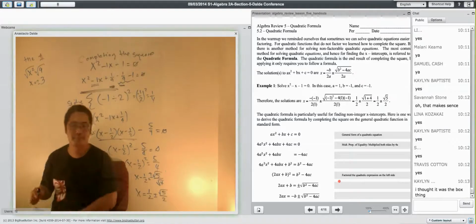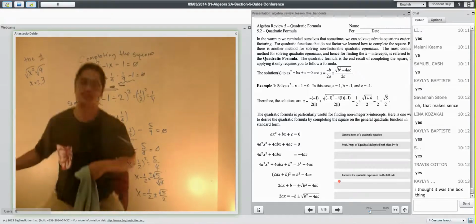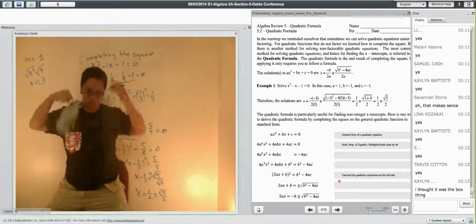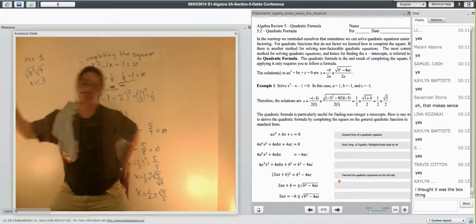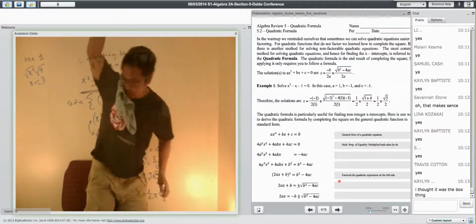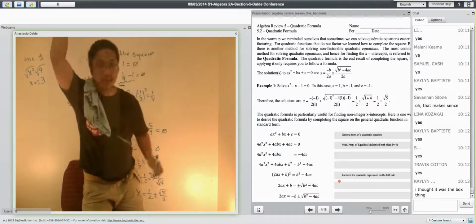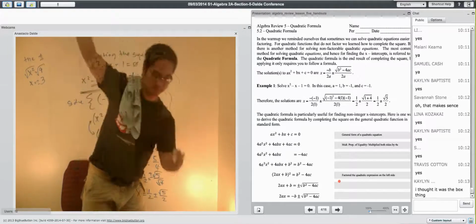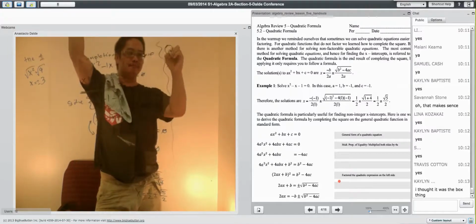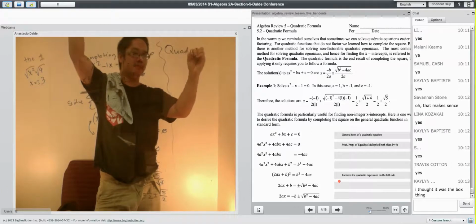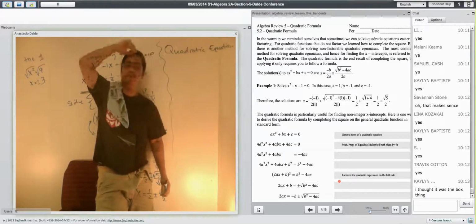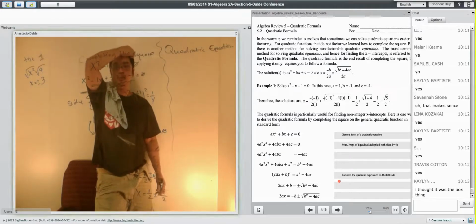Alright, you guys done? Okay. So what I'm going to do now is do this thing called the quadratic equation.